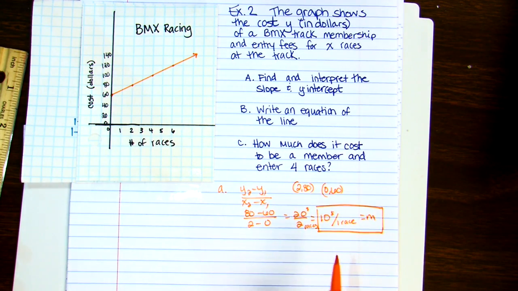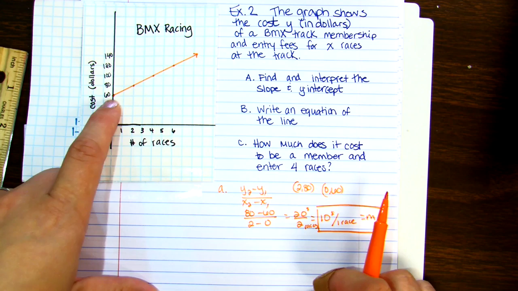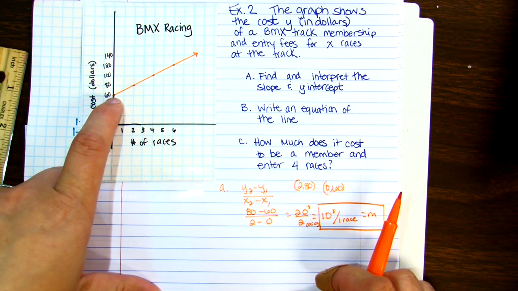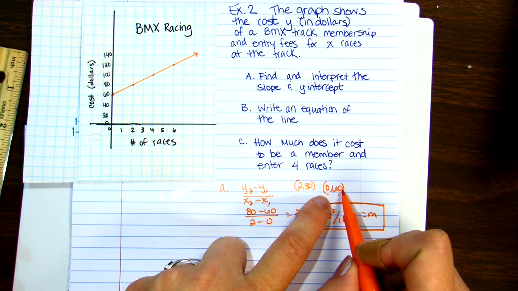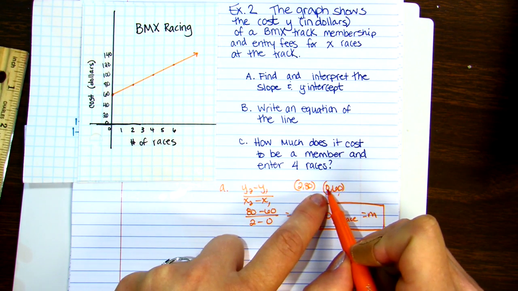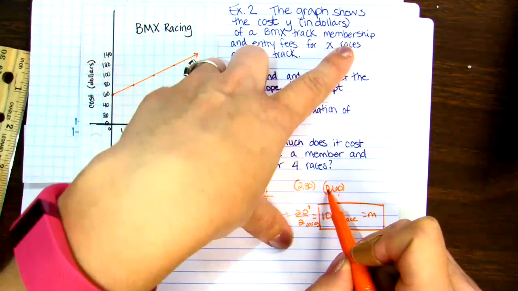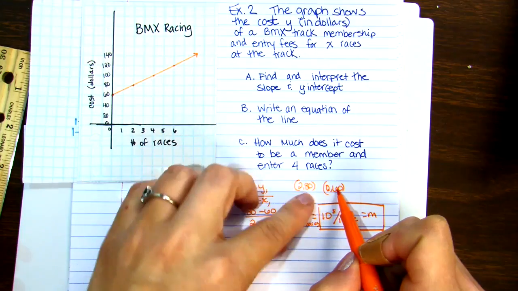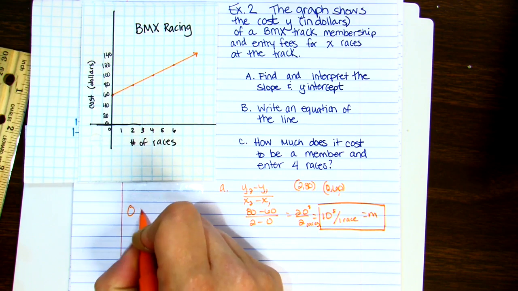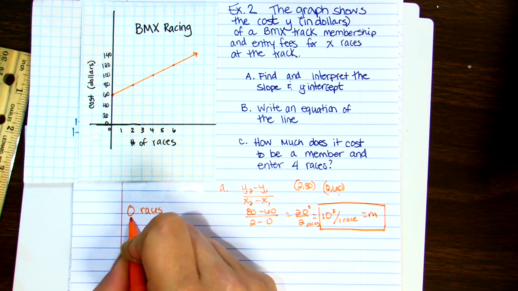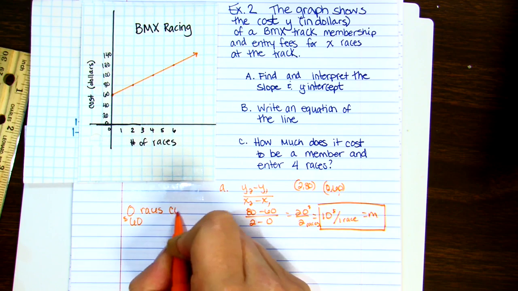We also needed to find the y-intercept, which you can tell by looking at the graph. I hit the y-axis at 60. I even used that to find my slope, (0, 60). So if you remember, 0 is the x, which represents how many races you do. 60 represents the cost. So 0 races cost $60.